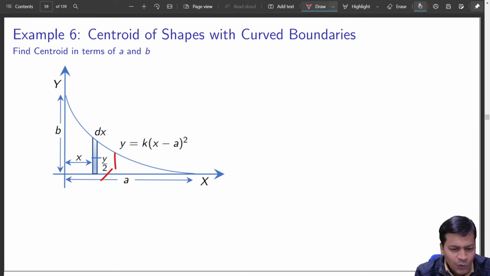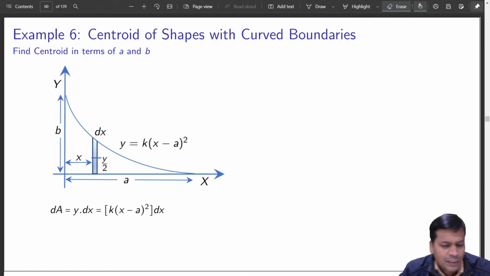So now you know its distance, dx is the strip, you know the area also. These results we'll use now to go ahead. The elemental strip area will be equal to y times dx. So y is simply this, is it not?